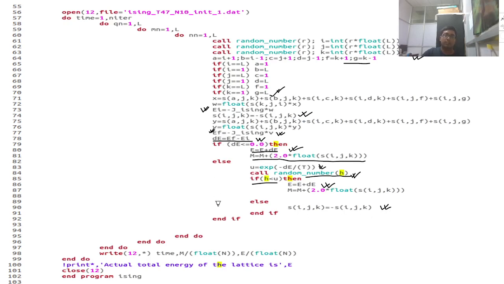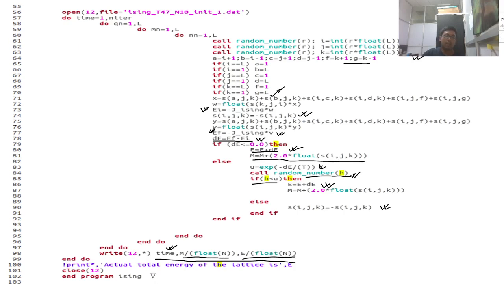So this is everything, and then I end all of the loops, and I write the time, that means the number of iterations, which is going to be 50,000 at the end. At each time it will give me the magnetization per spin and the energy per one spin.